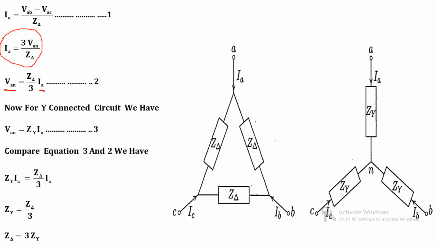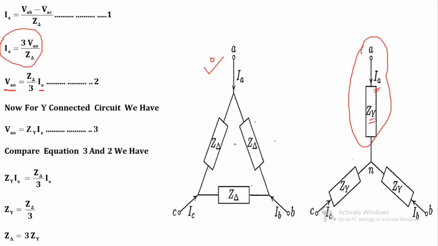This is the phase voltage for delta connection. Now for star connection we can directly write the phase voltage as equal to IA into ZY.